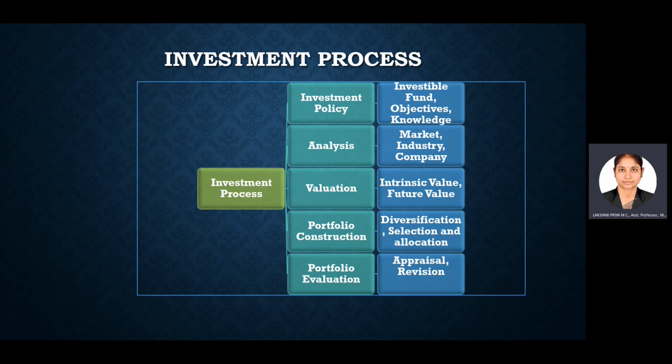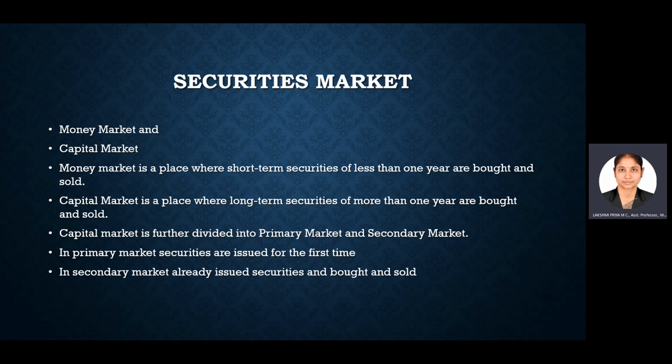The risk taker's objective will be to earn higher profits, that is, a higher rate of return in the form of capital appreciation. But the primary objective of the risk averse investor is the safety of the principal.